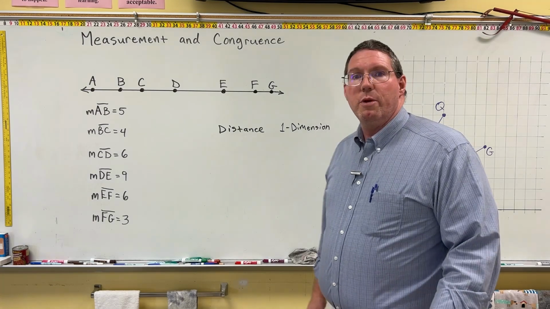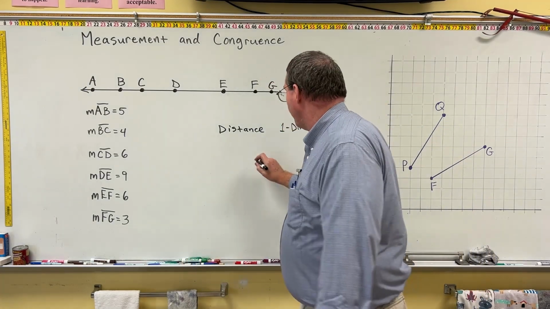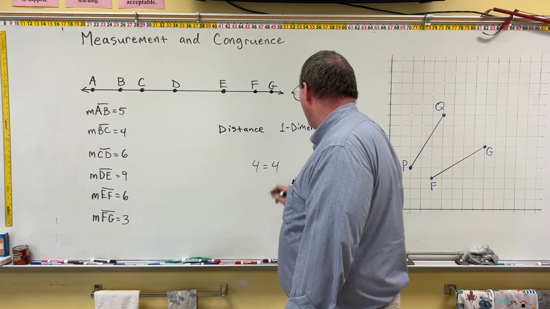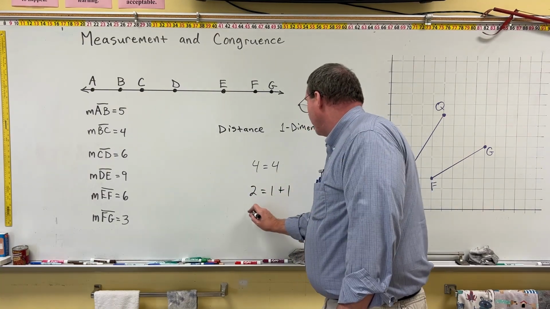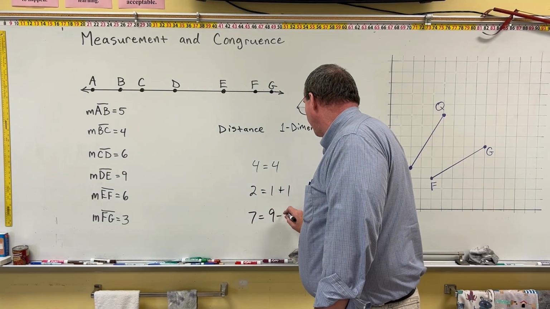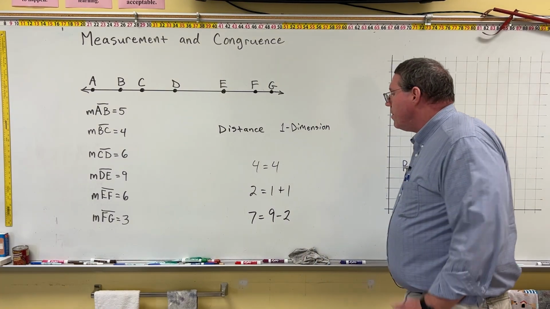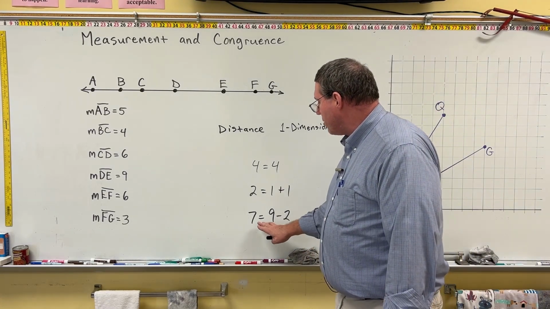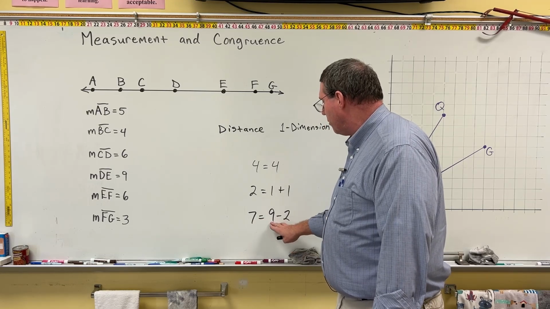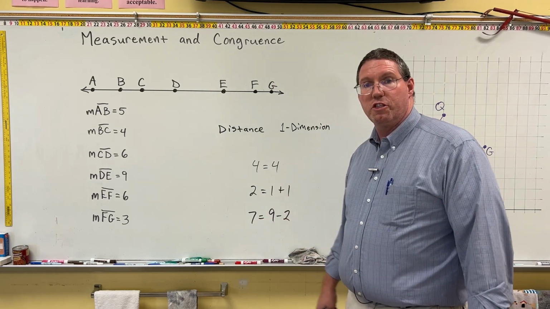In a lot of math, we use the word equals, right? Like 4 is equal to 4, and 2 is equal to 1 plus 1, and 7 is equal to 9 minus 2, okay? And this is an idea of value. We're saying the value of 7 is the same thing, equal to the value of 9 when you take away a value of 2, okay?